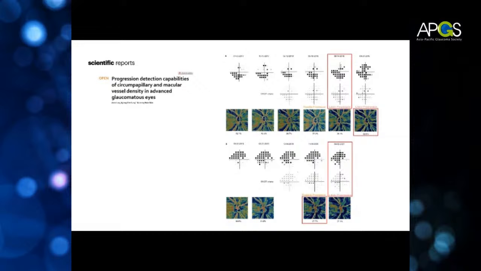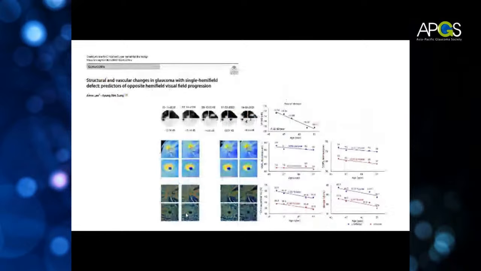In these eyes, where RNFL thickness cannot provide useful information because of advanced stages, peripapillary vessel density measurement showed concordance with the visual field parameters.